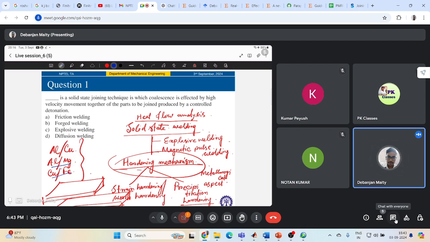Can you quickly answer question one? There is something on this solid state welding technique, of course. These are very simple questions, anyhow. There is no need to think. C. So for question one, C is correct. Anybody have any confusion?